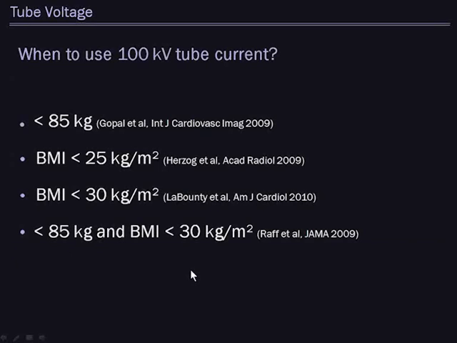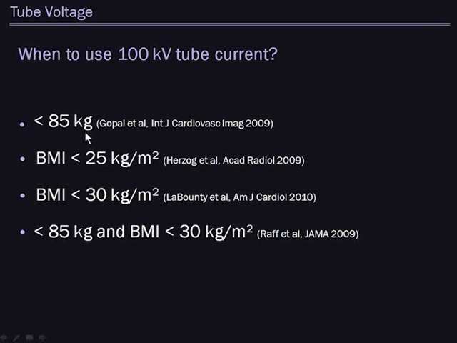The downside of 100 kV is the somewhat higher image noise. And of course, the heavier your patients are, the more noise you will see. So there is a certain threshold above which 100 kV tube voltage should not be used. In the literature, you will find different suggestions for this threshold.